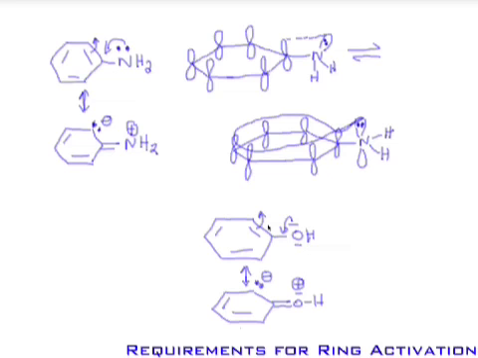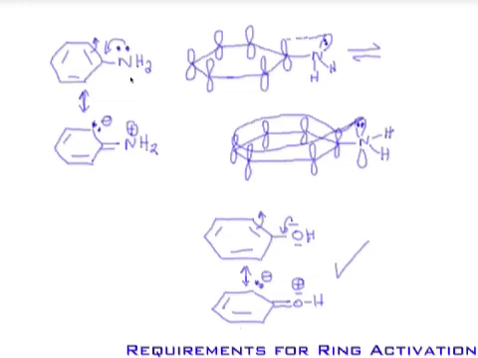But who's more electronegative? Oxygen's more electronegative than nitrogen, so oxygen withdraws more electron density. If they put the same amount into the ring, but oxygen takes more back, who has the ring with less electron density? Oxygen pulls more back, so oxygen has less electron density. That means the ring in the nitrogen example is going to be more negative. It's going to be more activated. And so NH2 becomes a stronger activator.